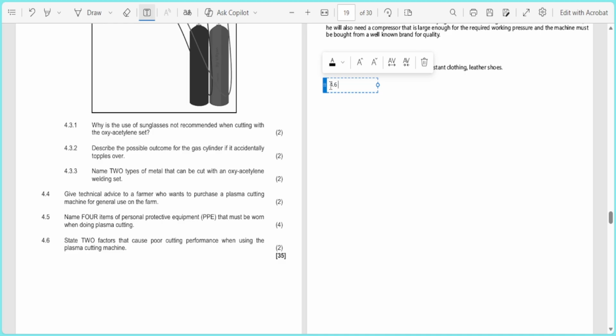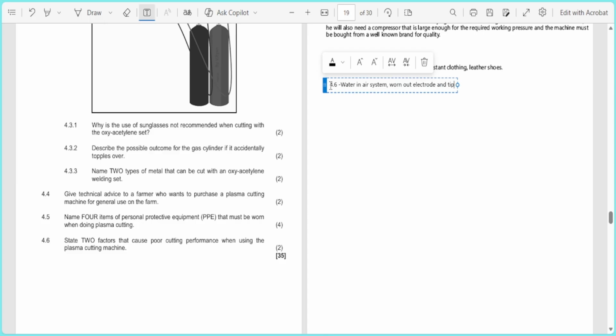All right, so I'm thinking. They only want two factors, right? So water in the system, that's the first one I can think of, and then a second one would be a worn out electrode and tip.